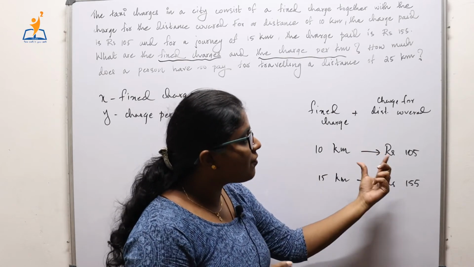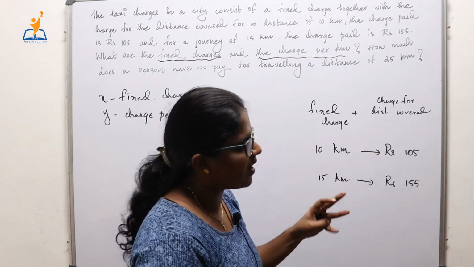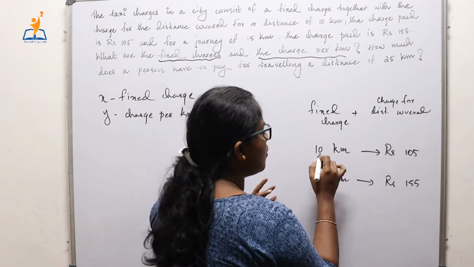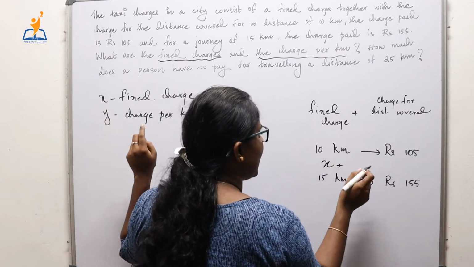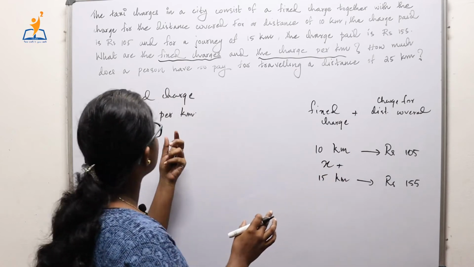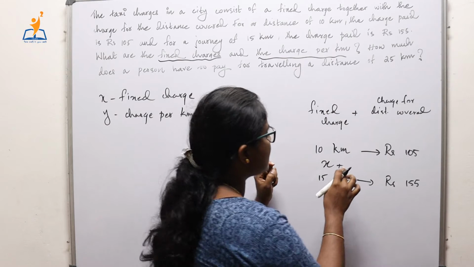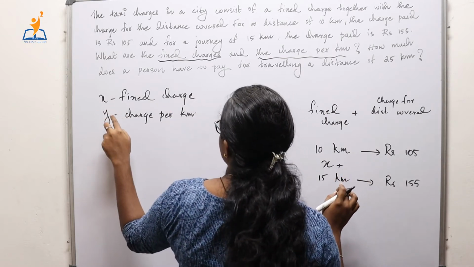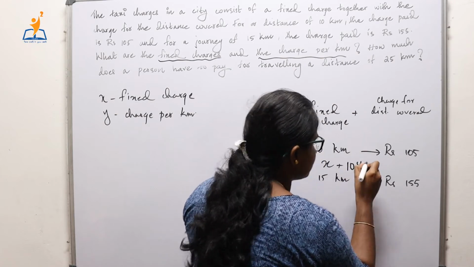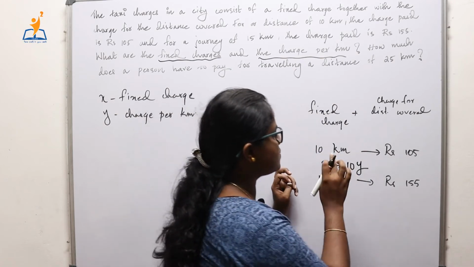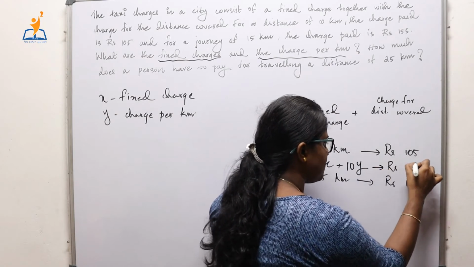So the fixed charge is always x rupees, and again the charge for the distance covered, that is, for each kilometer we have to pay y rupees. For 10 kilometers we have to pay 10y rupees. So x plus 10y will become rupees 105.